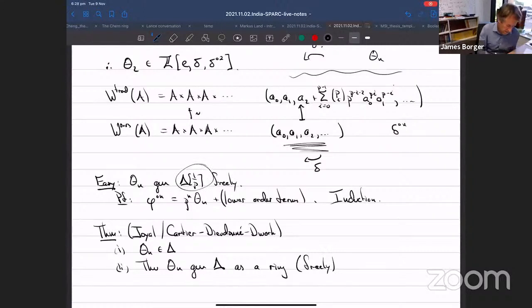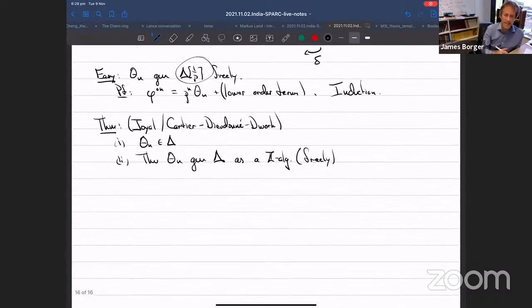Even up here, so that's not the point. The point is that they do generate it. I said as a ring, but just to emphasize, as a Z algebra. So that's a real theorem, and the key fact to prove.